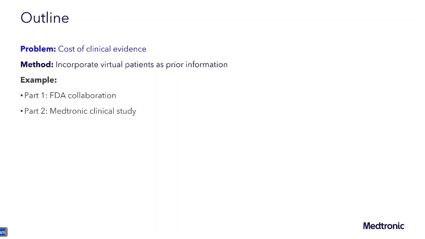Then we'll hand it over to Adam to talk about the real world examples where we incorporated these methods into real clinical studies at Medtronic or in the medical device industry at large. Next slide, please.